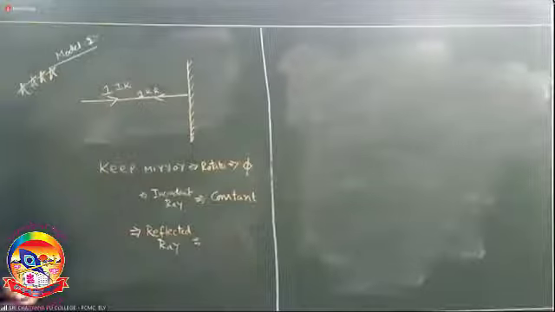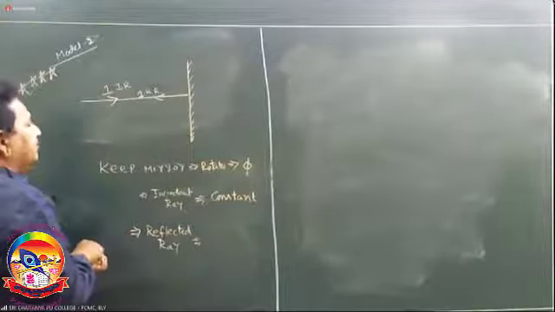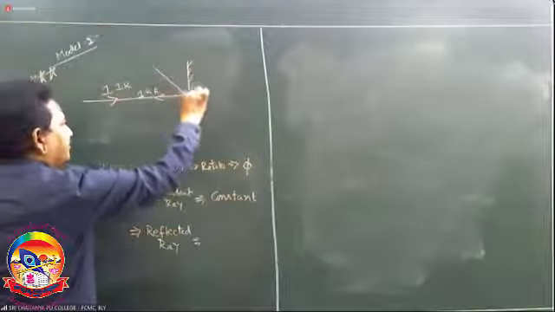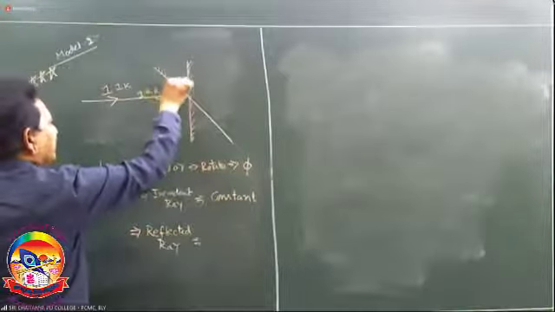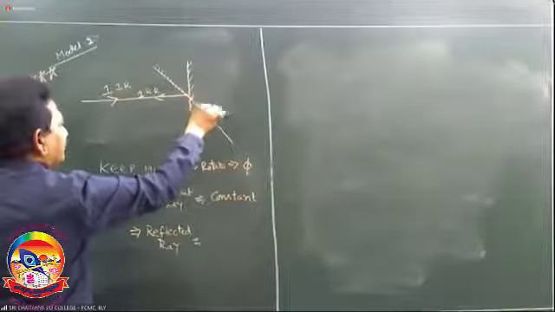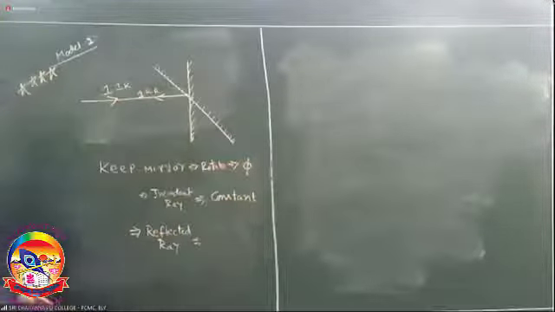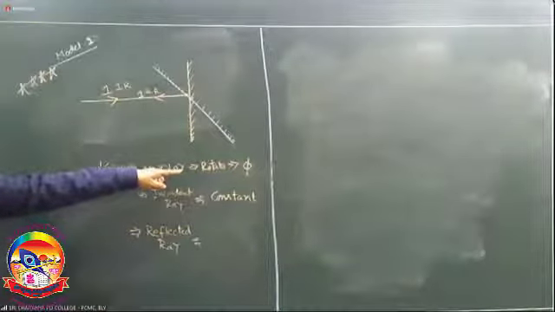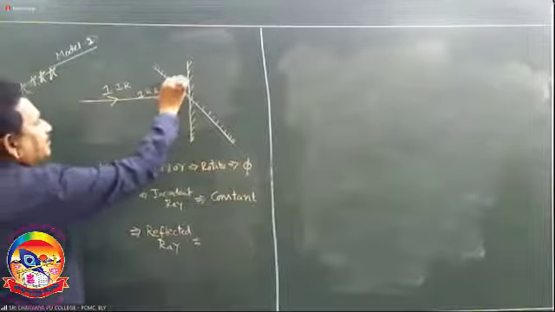Now, keeping the incident ray same, I am rotating the mirror. Clear, I put it. I can use Kannada also. The mirror is rotated by an angle phi, incident ray same.